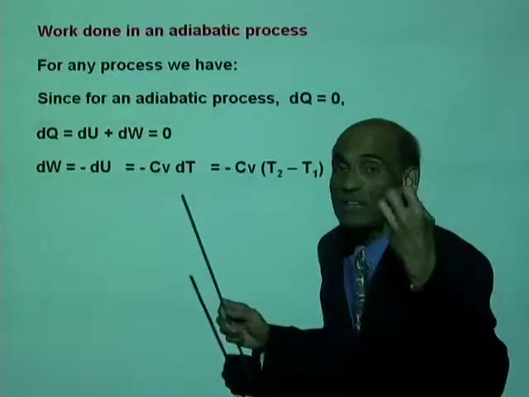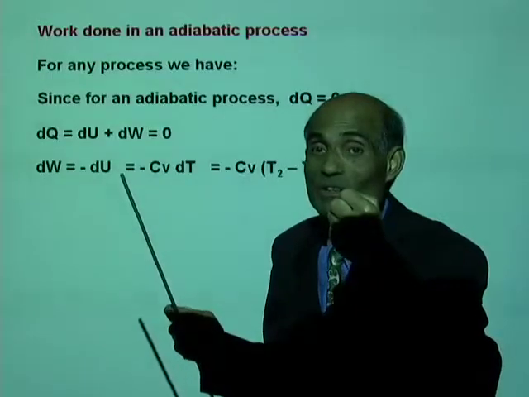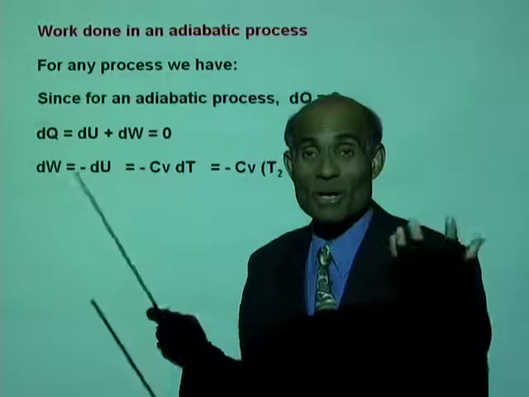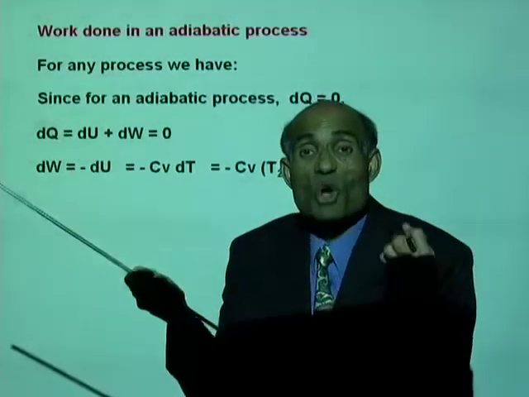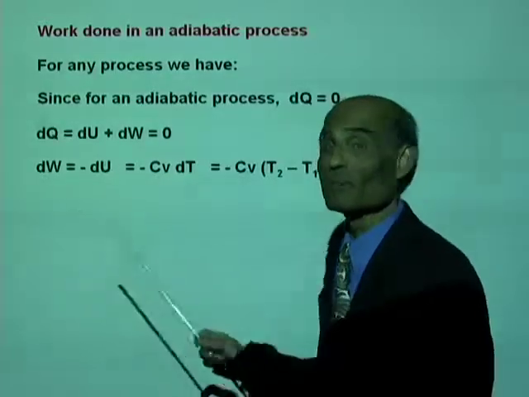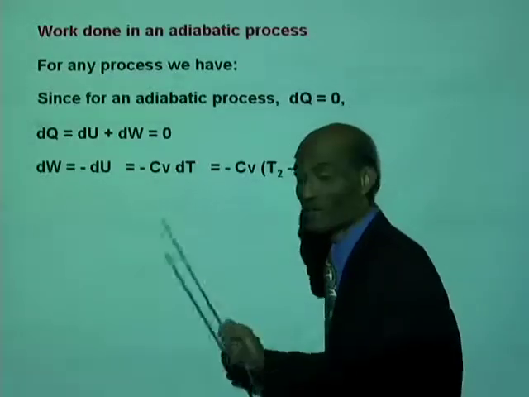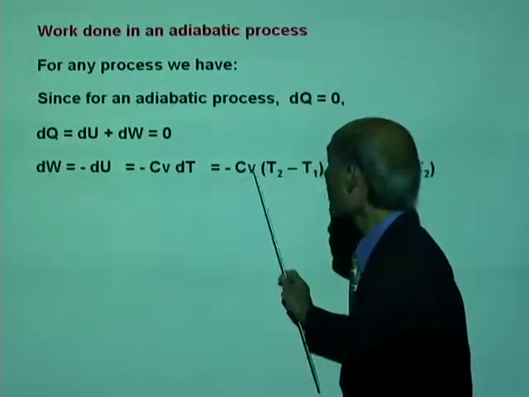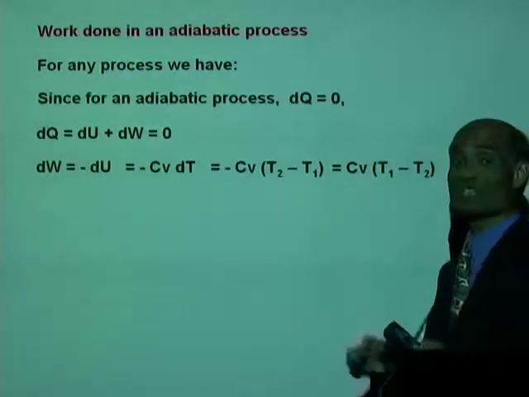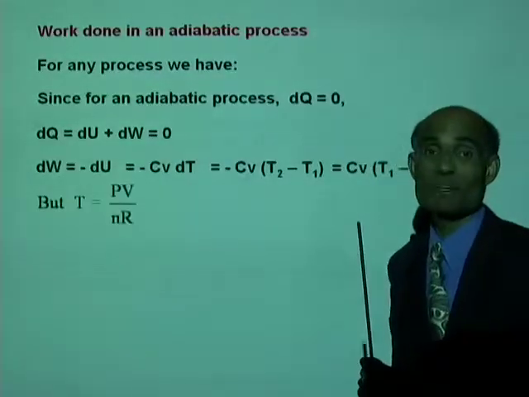For an adiabatic expansion, T2 minus T1 will be negative. Why? Because an adiabatic expansion causes cooling. T2 will be less than T1. So T2 minus T1 will be a negative quantity. So let's write this using positive value equal to Cv times T1 minus T2. And that is a measure of the work done in adiabatic process.